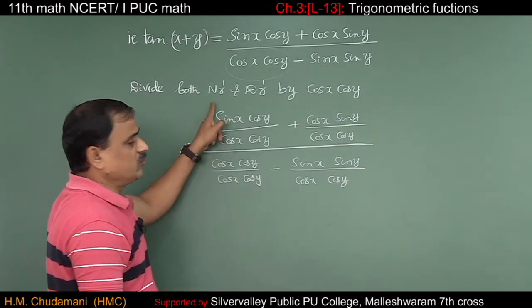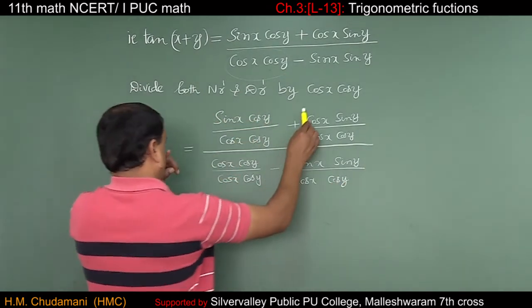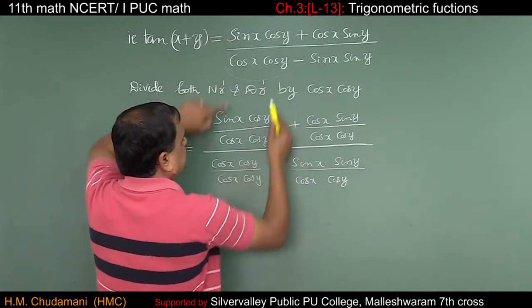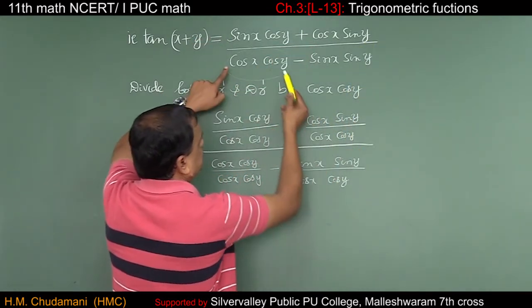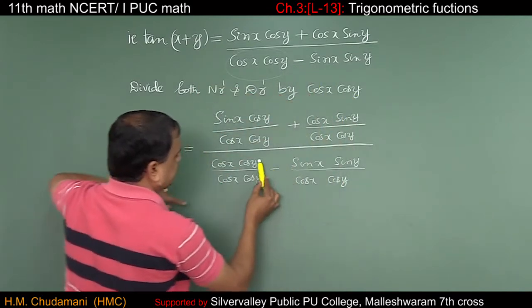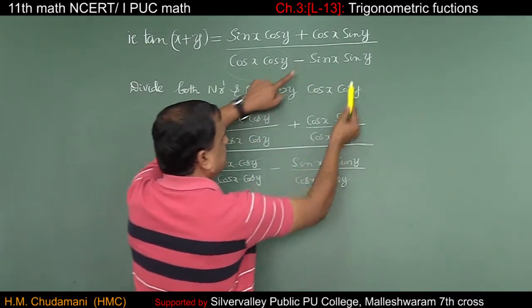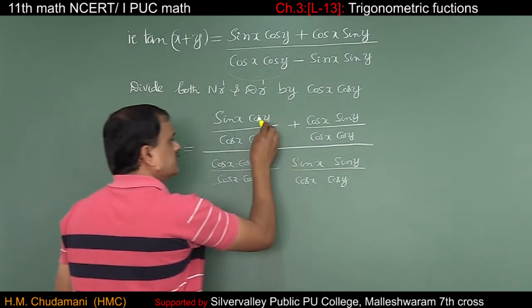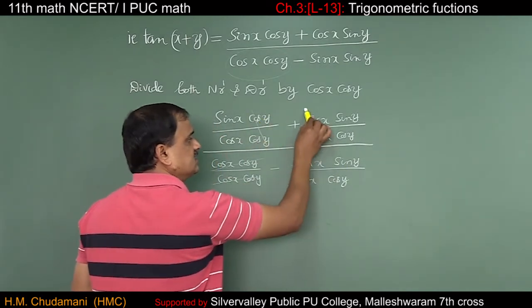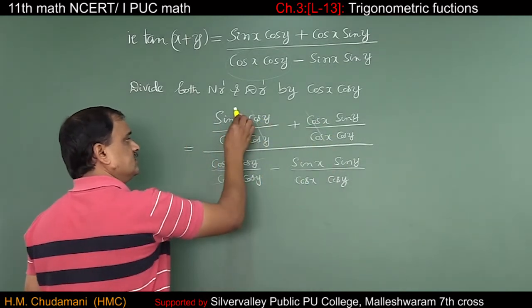The cos x cos y in the first term of the denominator completely gets cancelled, leaving 1. Here cos y gets cancelled, cos x gets cancelled.